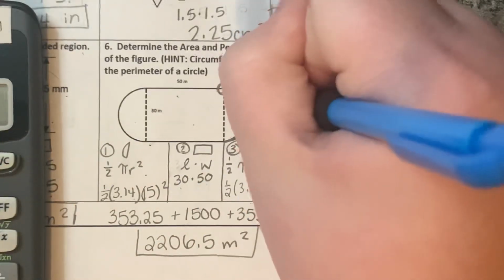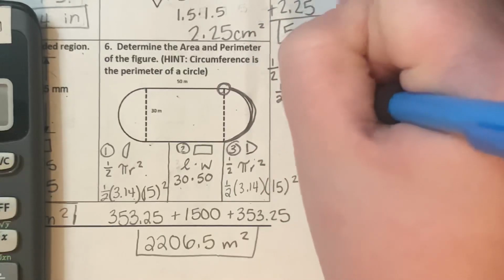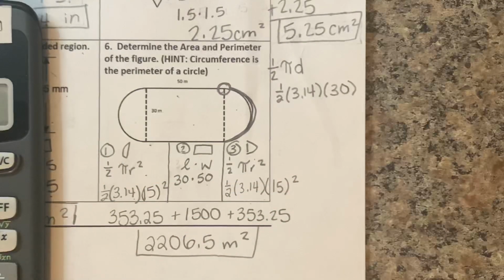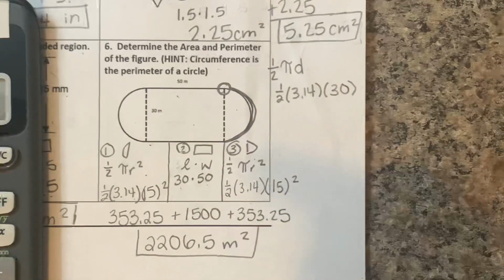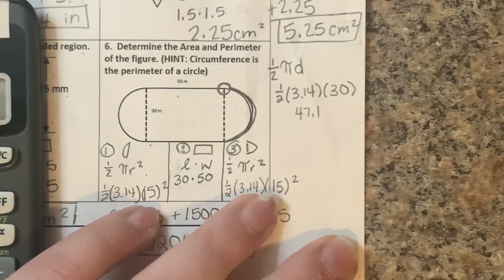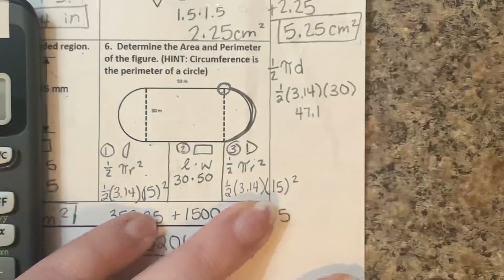So we're going to do 1/2 times 3.14 times the diameter of 30. So I'm going to go like this and do 0.5 times 3.14 times 30. And I'm going to get a circumference of 47.1. So I know that this measure is 47.1.